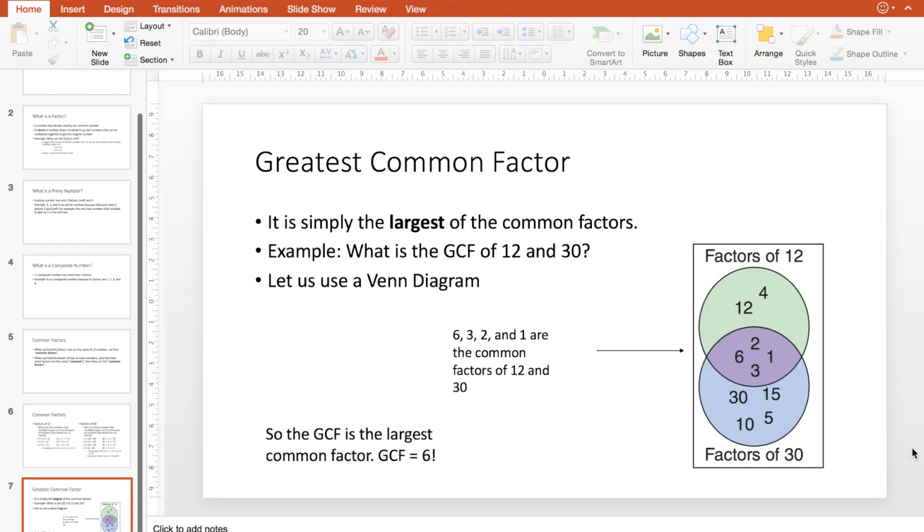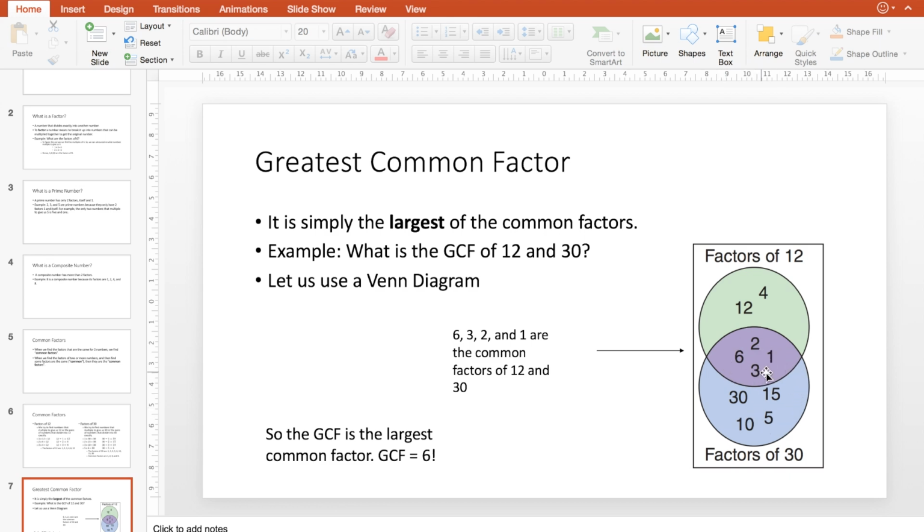Okay, so now let's go into the greatest common factor. The greatest common factor, also known as the GCF, is simply the largest of the common factors. Like we had in our previous example, the factors of 12 were 1, 2, 3, 4, 6, and 12, and the factors of 30 were 1, 2, 3, 5, 6, 10, 15, and 30.